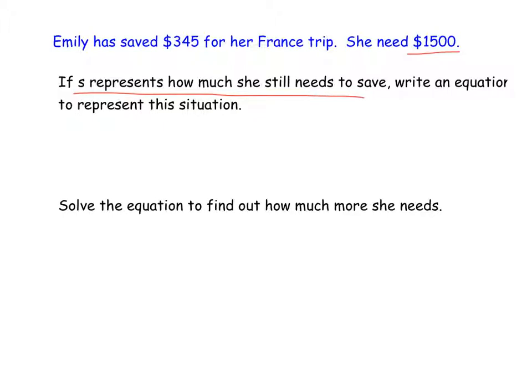So there's a couple different ways to do this. I think S, the amount she needs to save, plus her $345 that she's already saved equals $1,500. But some of you might have thought, well, the amount she needs to save is the $1,500 minus what she's already saved.